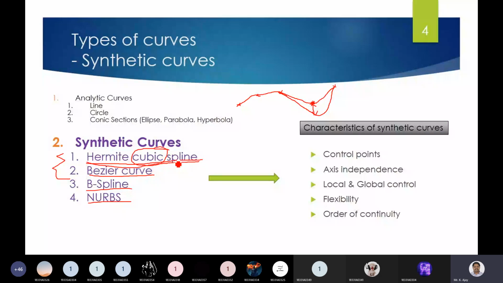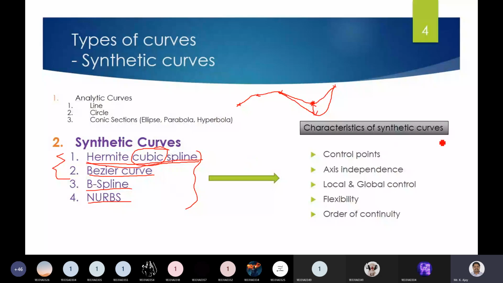So the highest degree of the equation would be 3. We will talk about all these things, but as of now, try to remember all these four names. The properties and equations, all those things we will discuss. It takes some time for us, at least two sessions, right? So as of now, remember these words.